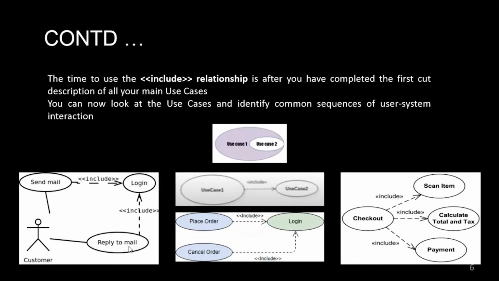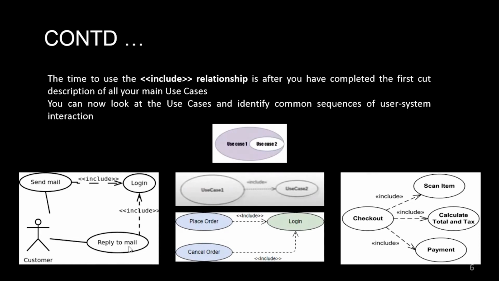Say for example the mail application system is there, and a user can send new mail, reply to mail, or forward the mail whatever he or she has received. Each of these requires, first of all, the login feature. Okay, the user must be logged in to perform the different kinds of actions like sending mail, replying to mail, or forwarding the mail.